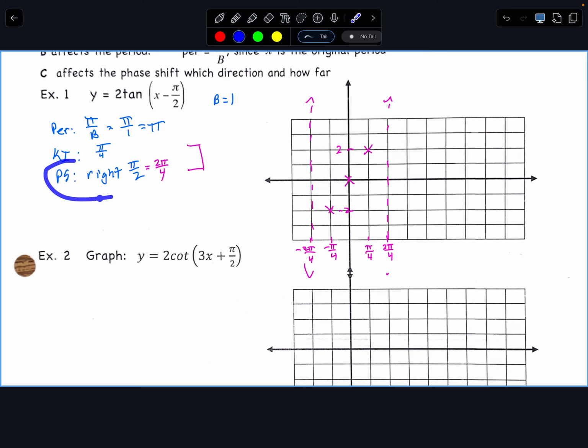But now we need to go right 2 pi fourths. And so 2 pi fourths is going to put an asymptote here, and 2 pi fourths is going to put an asymptote here, because it's going 2 of those key increments to the right. So we get an asymptote on the y-axis.